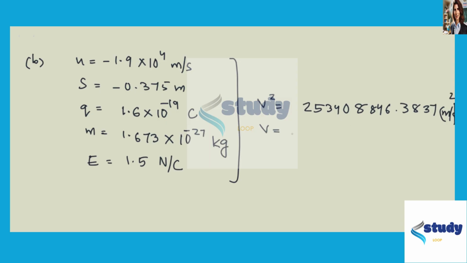Therefore v will be the square root of that, and this comes out to be equal to 15918.82 meter per second.